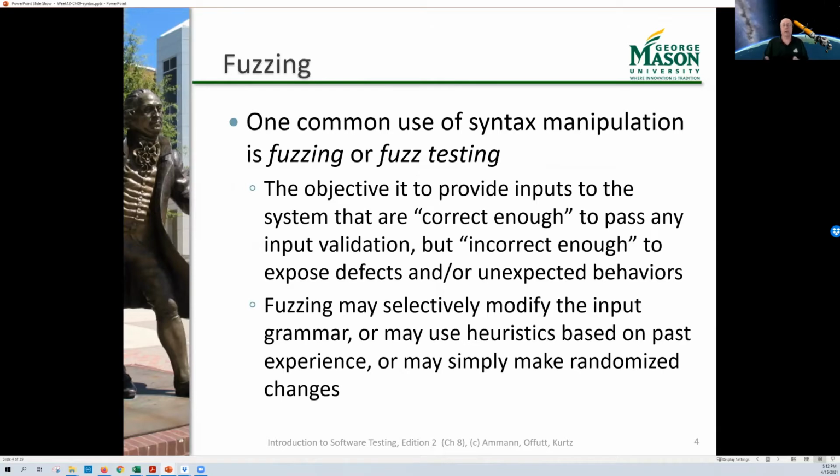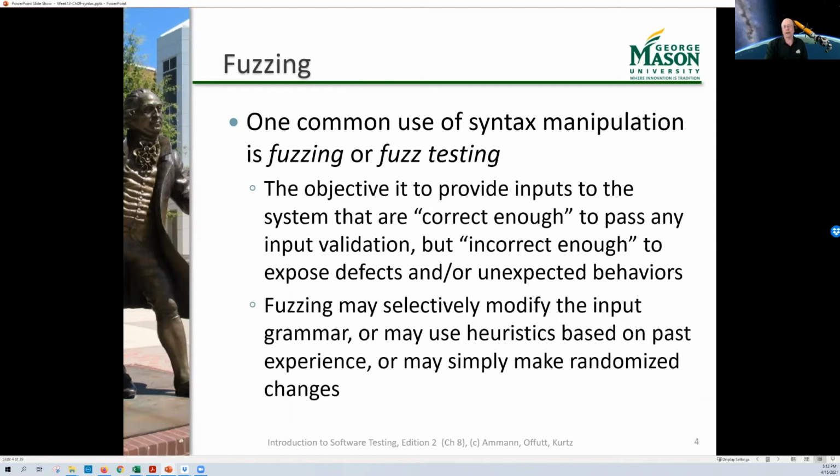So one common approach for syntax manipulation is basically the description I was just talking about, which is fuzzing or fuzz testing. And in fuzz testing, what we're trying to do is provide inputs to our system that are invalid, but pretty close to valid. And what we'd like to do is get these inputs to pass through our input validation for the system to say, oh, that looks like a good command or a good message.